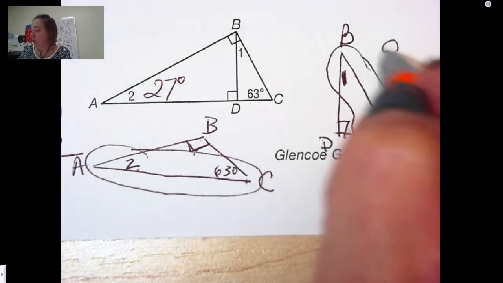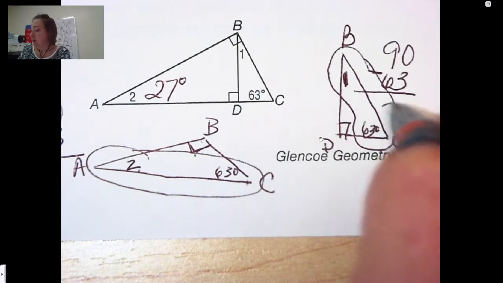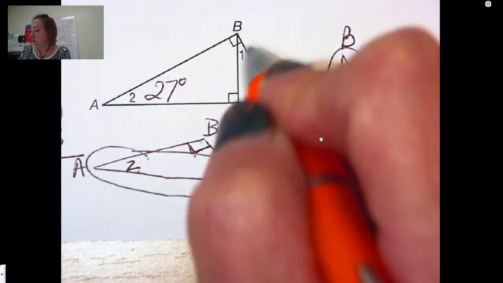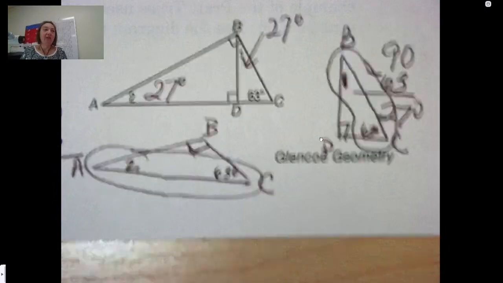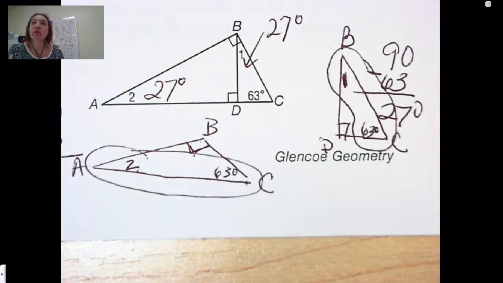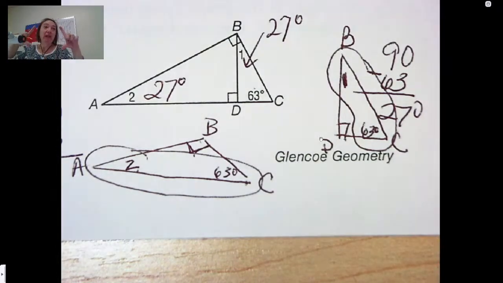So 90, it's the exact same measure, y'all. You know what that means about those two triangles? When all their angles are the same measure, they are called similar triangles. They are similar. Their angles are the same measure, but they're different sizes. That means if we took this little triangle and turned it to where it was laying the same way that one is, they would look the same. Just one would be little and one is big.